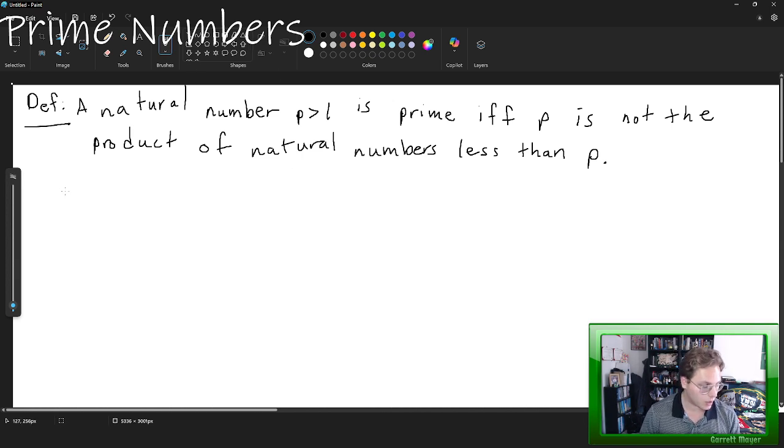So let's look at some examples of these. Just like the first few prime numbers. 2, because the only way to get to 2 is 1 times 2. And then we also have 3, which is the product of 1 and 3.